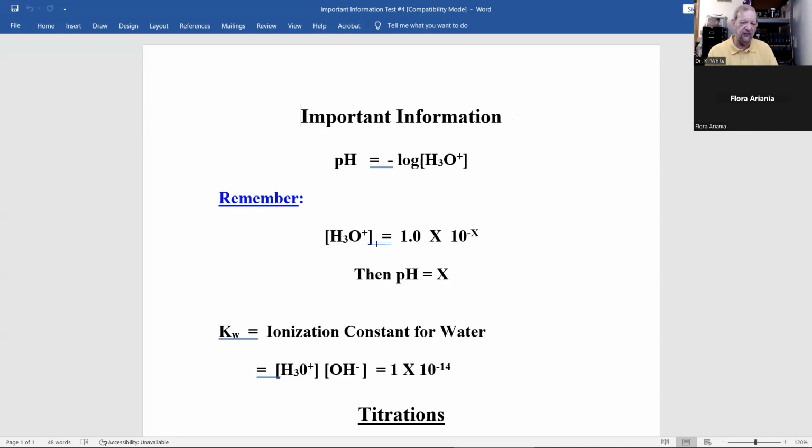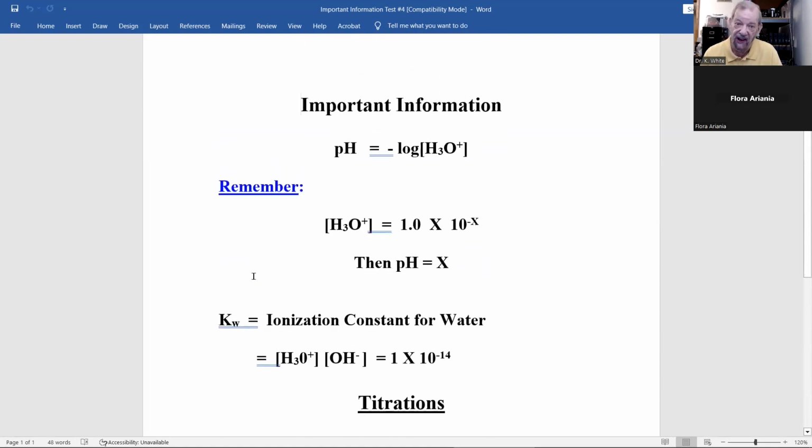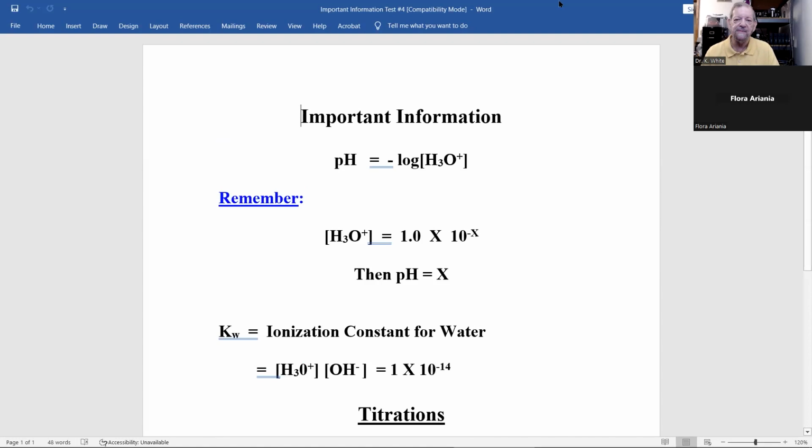This will be the last page of test 4. In the past, students had to memorize this. But a couple of years ago, I said, I should test people's knowledge of chemistry, not how good their memory is. So that's why this is the information I'll give you. Everything else you have to know on your own.